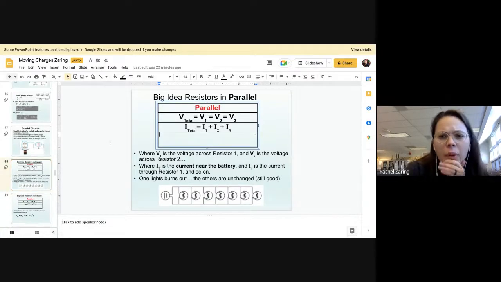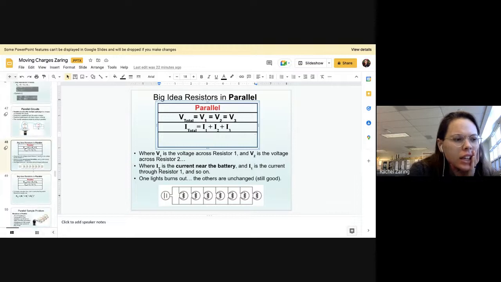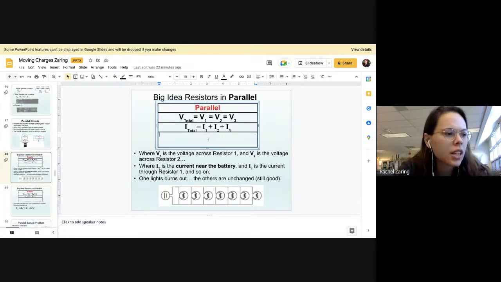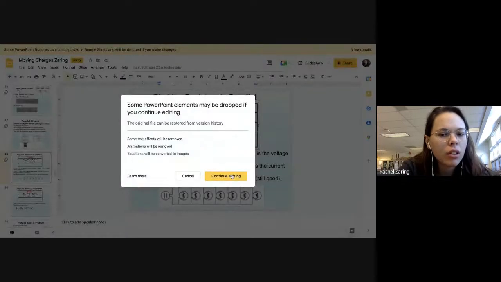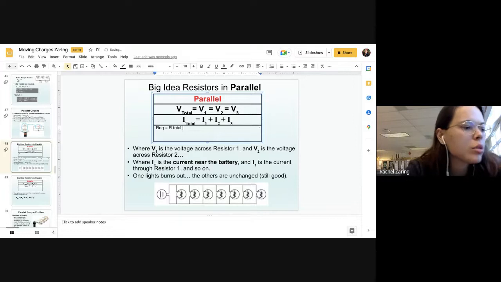Okay, so our big idea for resistors that are in parallel is going to be one of those things that I talked about, that voltage is going to be the same throughout. Oh no. I don't know why this part didn't show up. I'm just going to type it in real quick. Our total, oops.